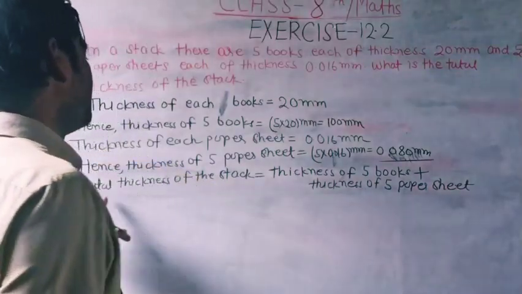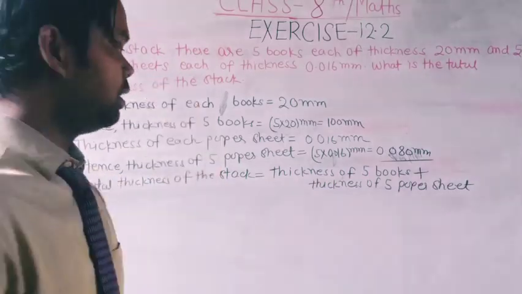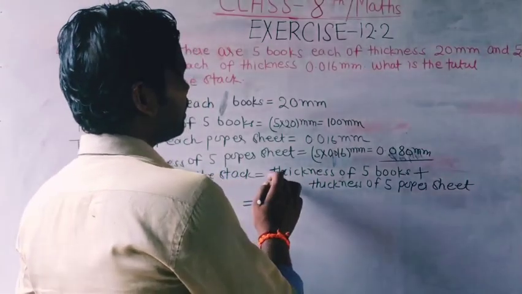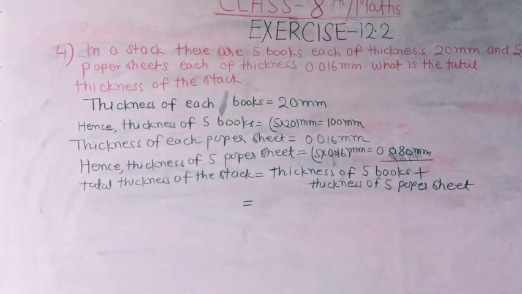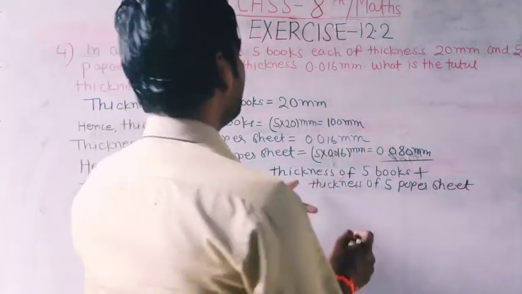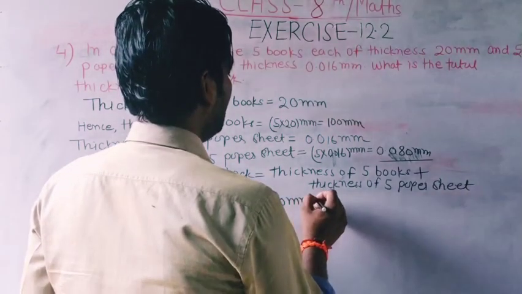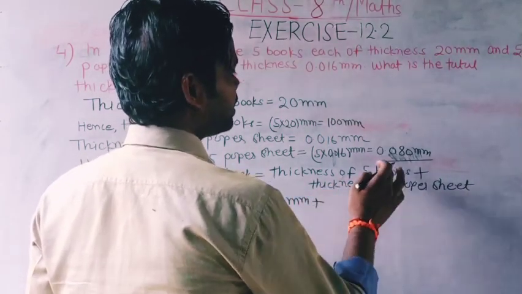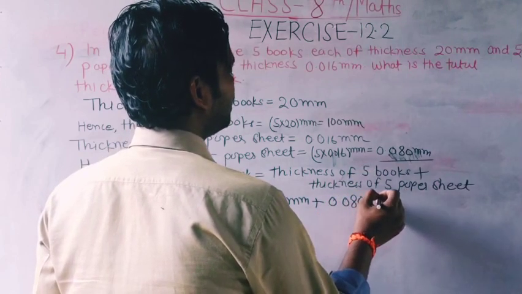The total thickness of the stack is equal to the thickness of 5 books, which is 100 mm, plus the thickness of 5 paper sheets, which is 0.08 mm.